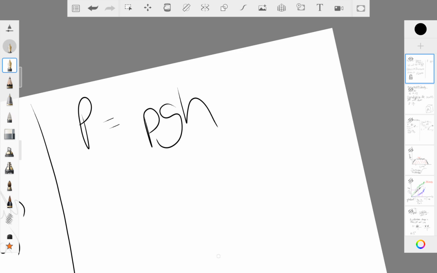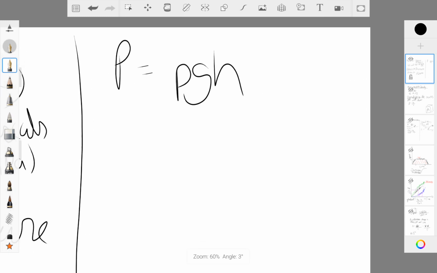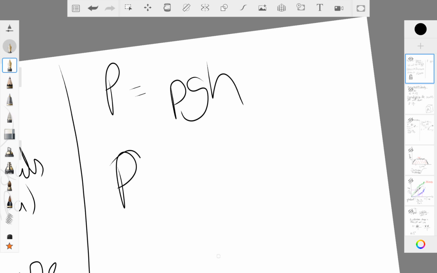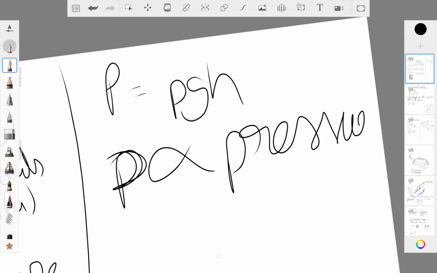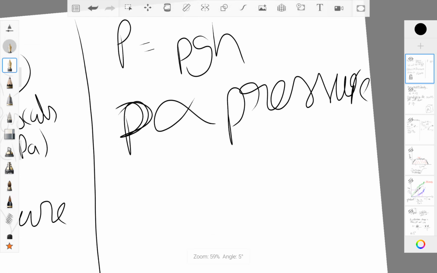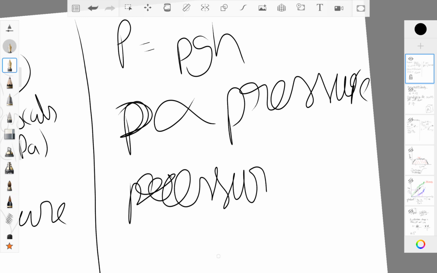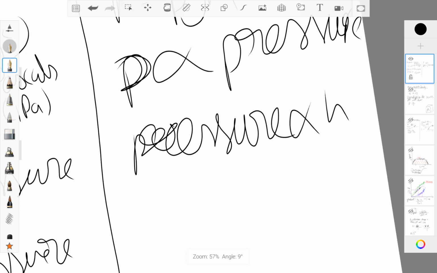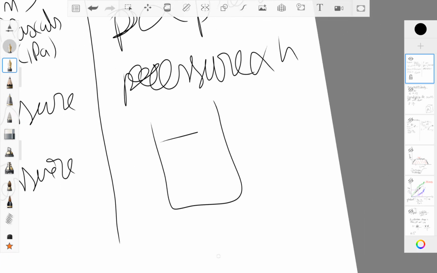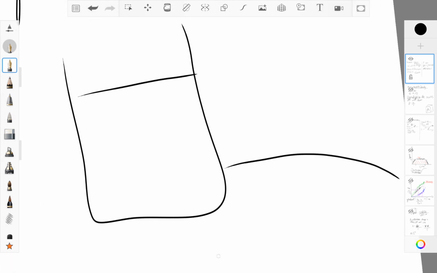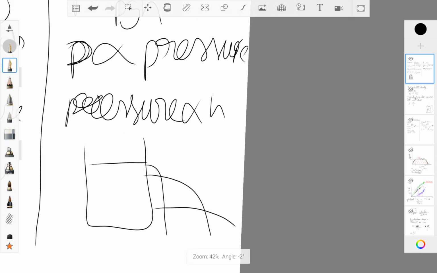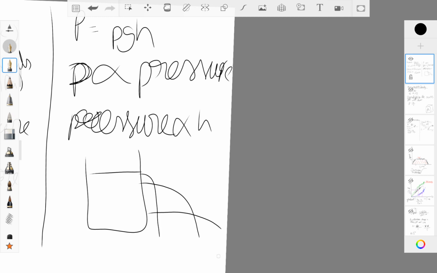The density of a liquid basically tells you that the denser a liquid is, the greater the pressure. And also pressure is directly proportional with depth. It increases with depth. So you can display that with a diagram where you have something like this. The hole at the bottom basically goes the farthest, and that's about it.